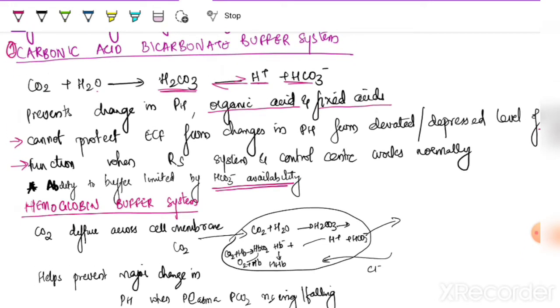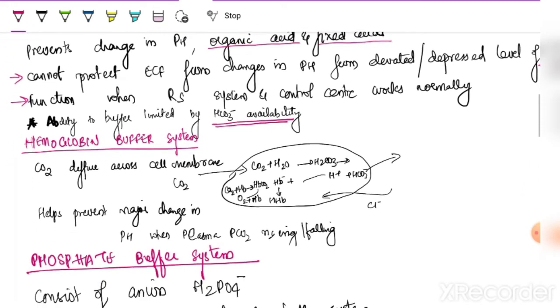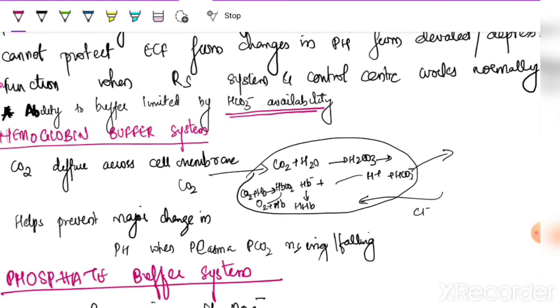Now, the next one is the hemoglobin buffer system. Hemoglobin means the red cell, RBC. The CO2 in the blood will diffuse into the red cell without requiring any transporter, and the CO2 will combine with H2O to form H2CO3, which dissociates into H plus and HCO3 minus.